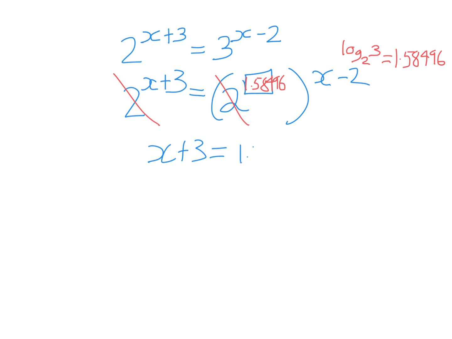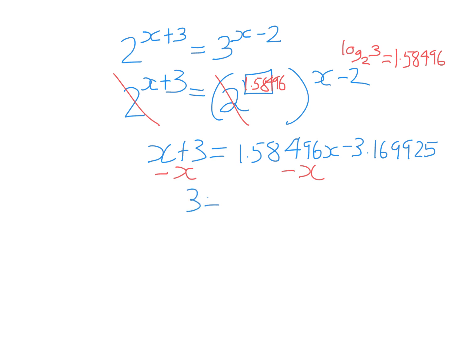So I've got to multiply 1.58496 by x, and then I need to multiply it by -2. So now we have a linear equation in which x is on both sides. In such a circumstance, you subtract the x, or the pronumeral, with the lowest coefficient. So subtracting x from this side, I just get 3.